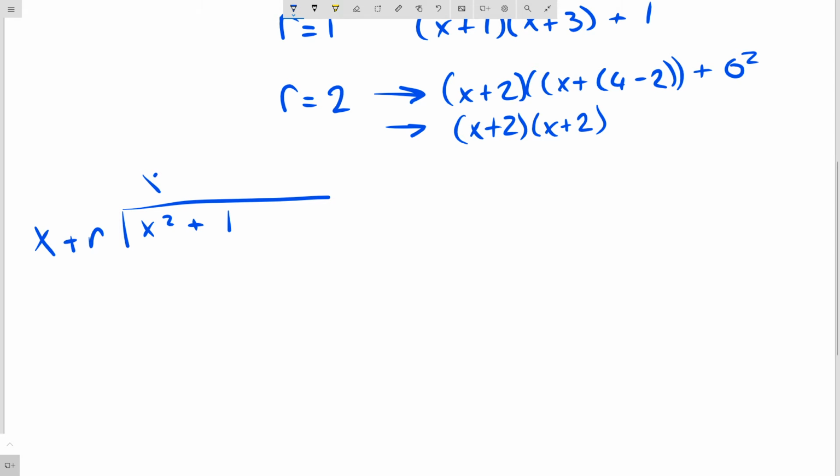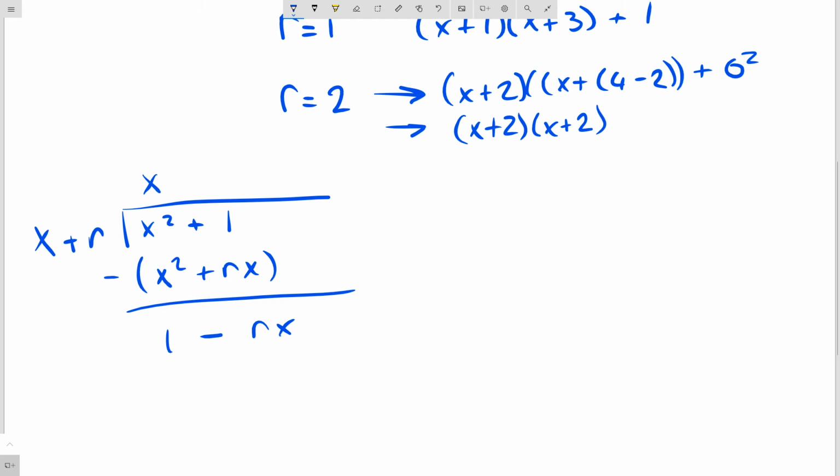So x goes into x again, multiply, subtract, and we get minus x squared plus rx. Of course, that cancels, so all we get is 1 minus rx as our remainder.